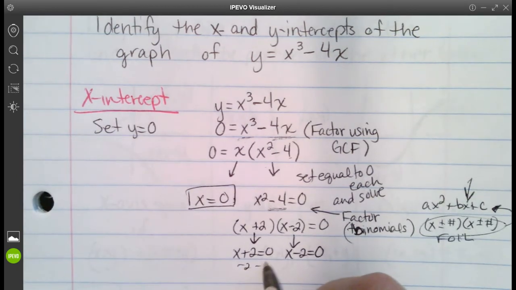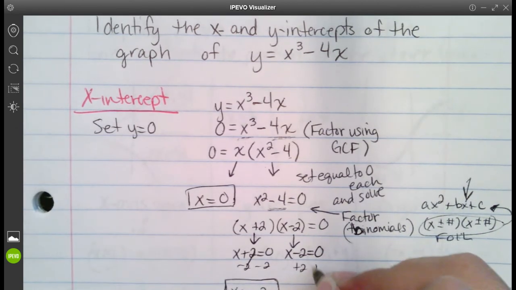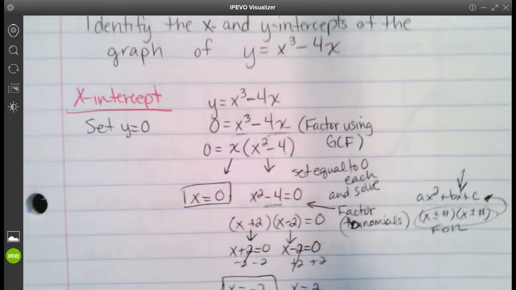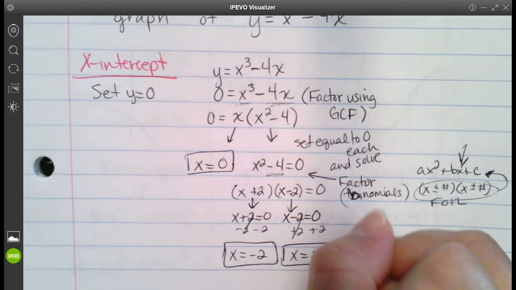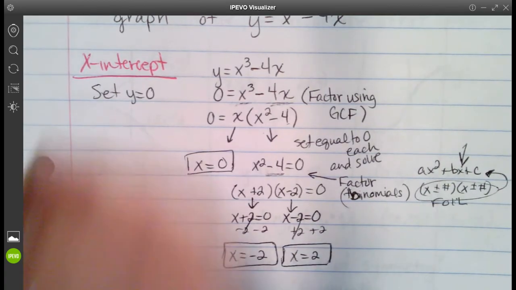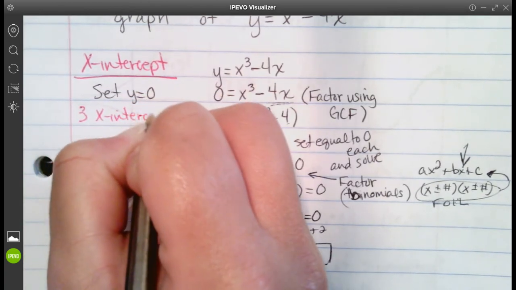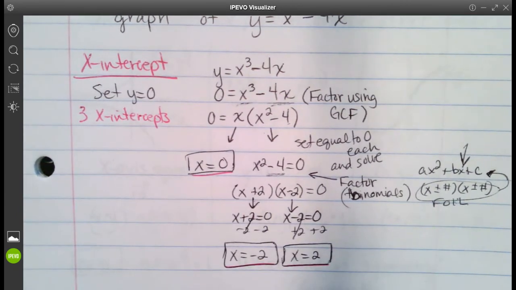So minus 2 on this side gives me x equals negative 2. This one I add 2, so x equals positive 2. So this one has 3 x-intercepts. Okay, it has x equals 0, x equals negative 2, and x equals 2.